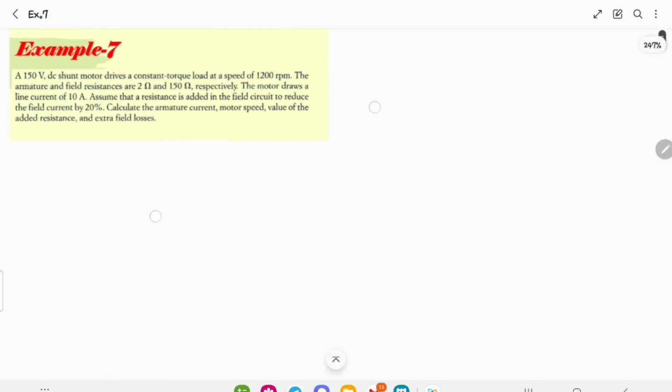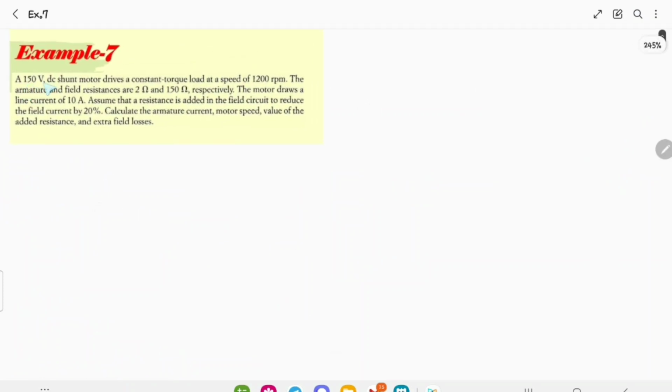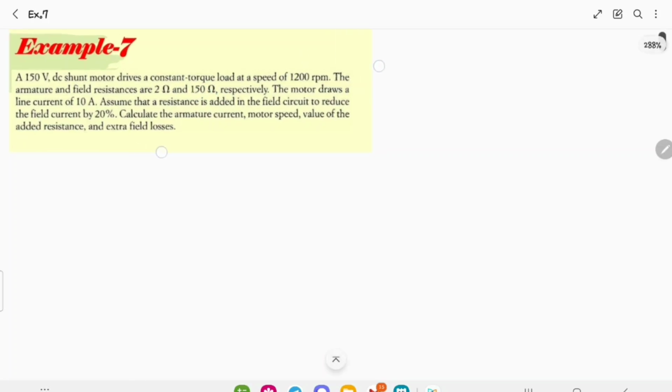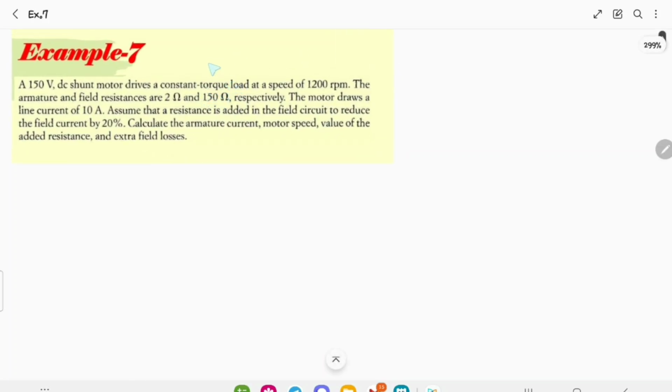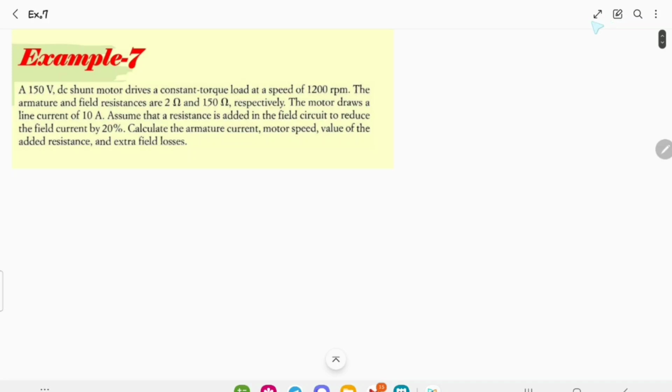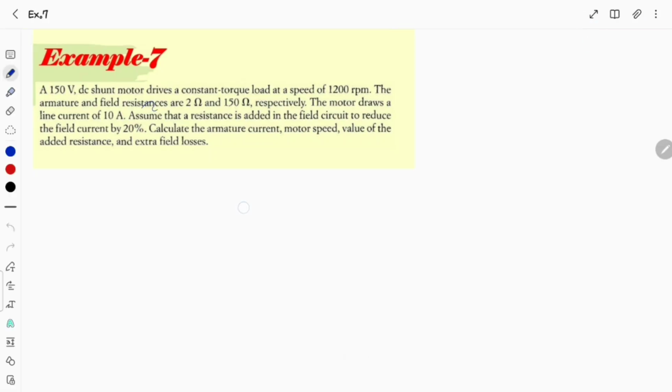For example 7, it says that a 150 volt DC shunt motor drives a constant torque load. So your TL is constant. The motor speed is 1200 RPM. The armature and field resistance are 2 and 150 ohm. I'll just draw the circuit directly.